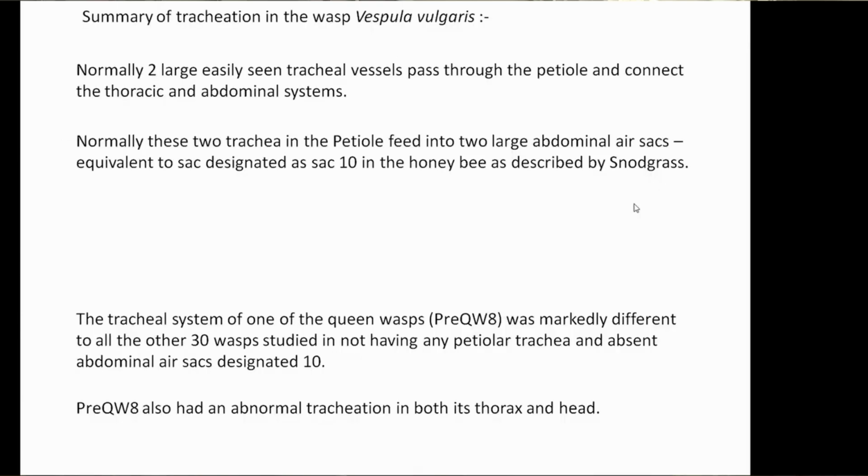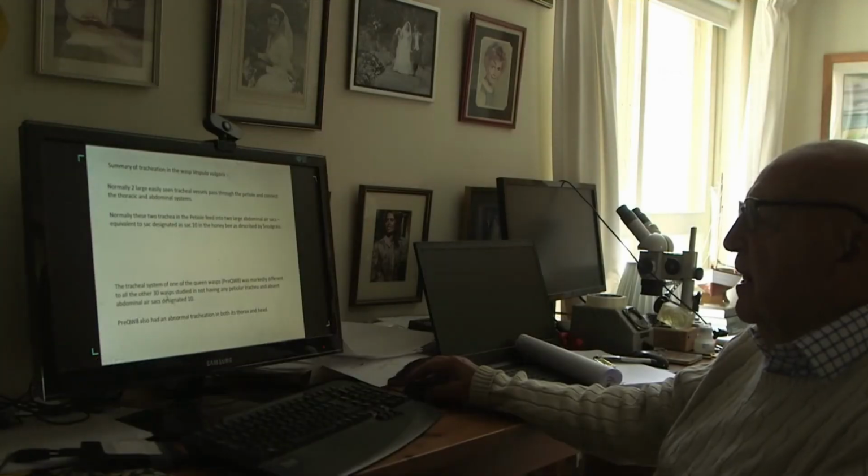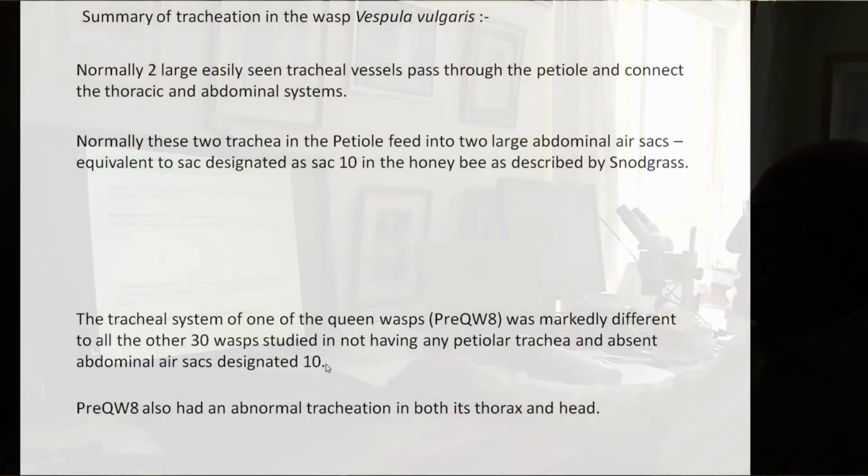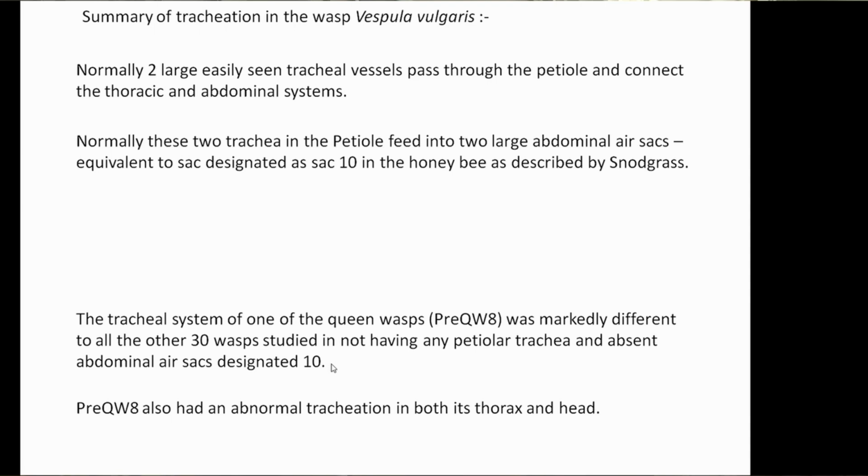So in summary then, this wasp had a markedly different tracheal system from any of the other 30 wasps that Nick looked at. We presume this was some kind of a congenital abnormality.